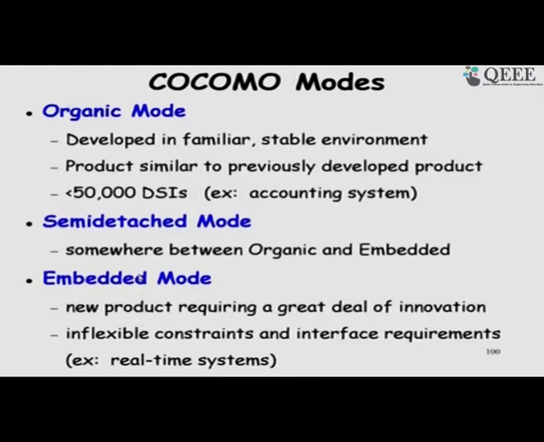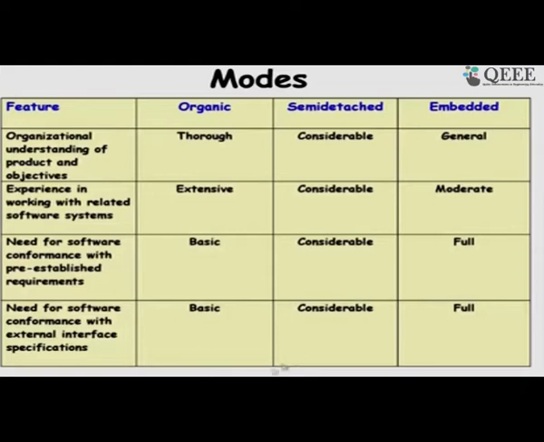Here, even if the developers are experienced, if there is a great deal of innovation and constraints of working with the hardware and so on, then that will become an embedded mode. But a simple software, if it is developed by developers who have no experience, with chaotic development and so on, we may have to classify that as embedded. So, the effort will increase. This is how he gave us to classify into different modes.